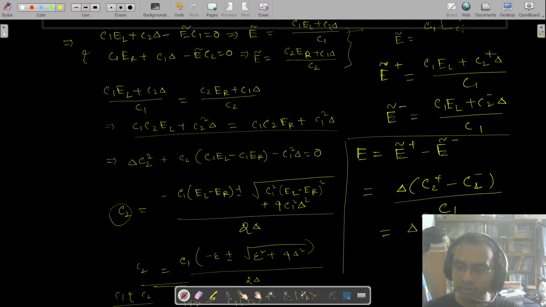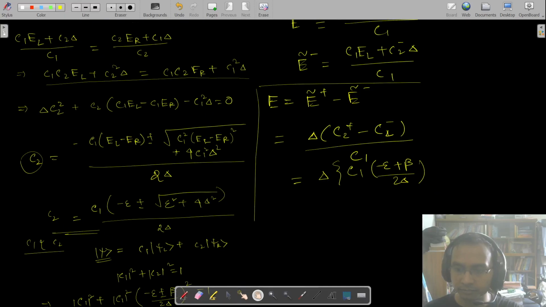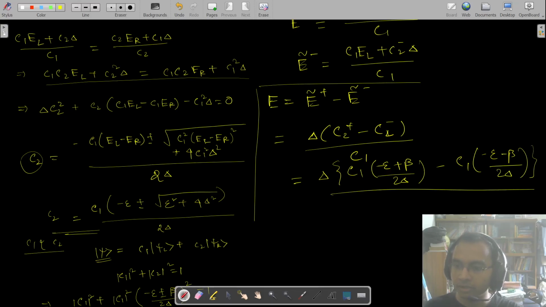So C1 times epsilon plus, this one we assume to be beta by 2 delta, then minus C1 minus epsilon minus beta by 2 delta, divided by C1.